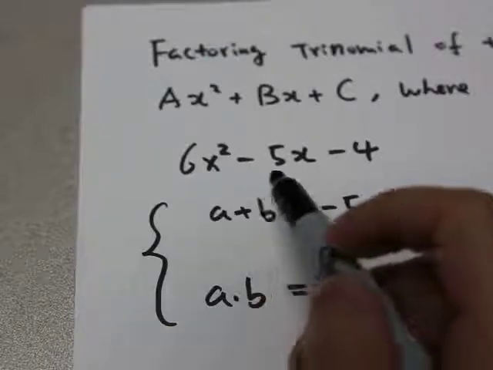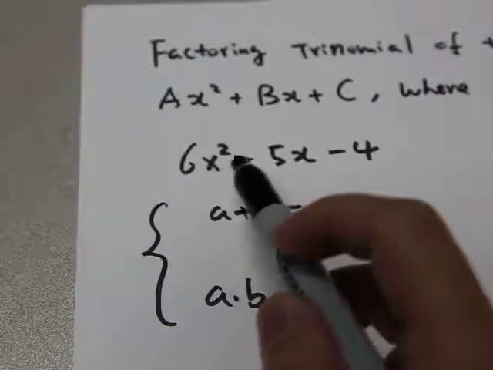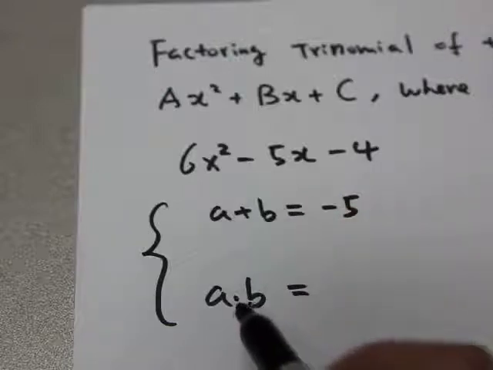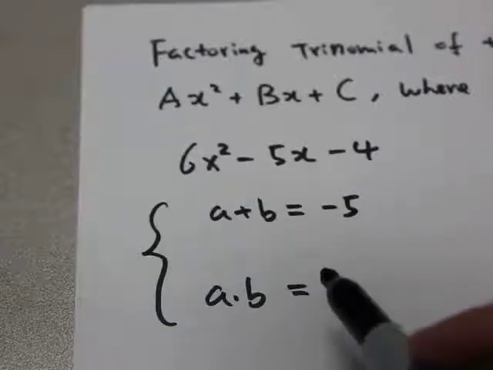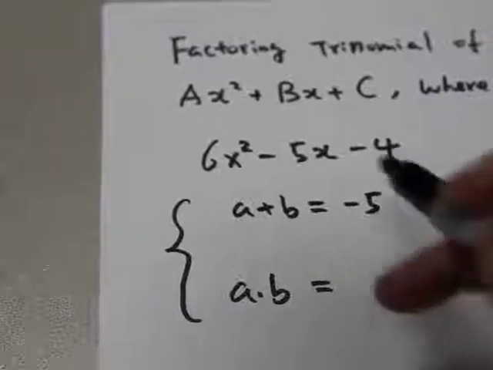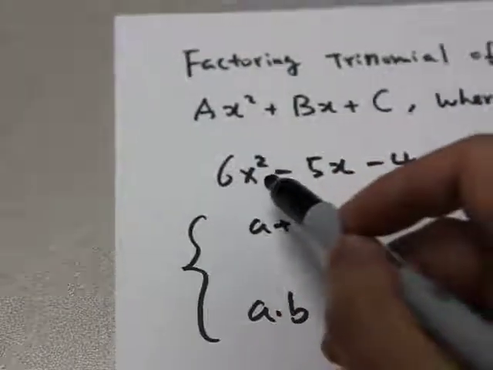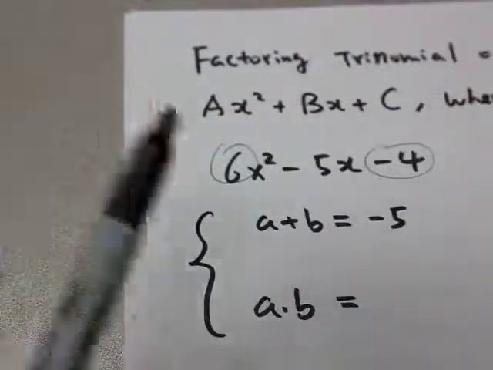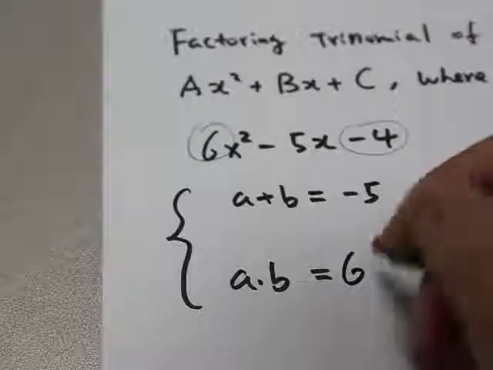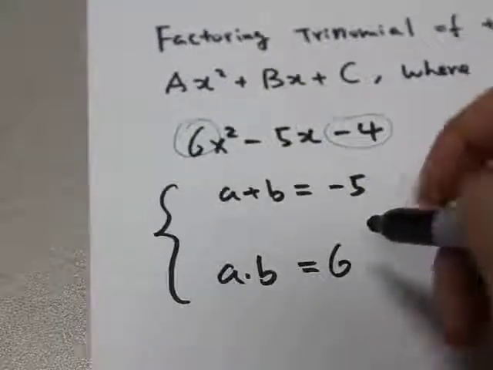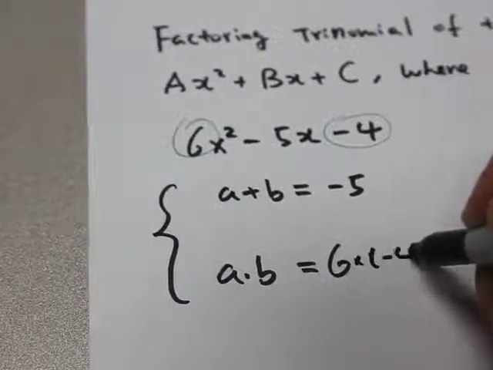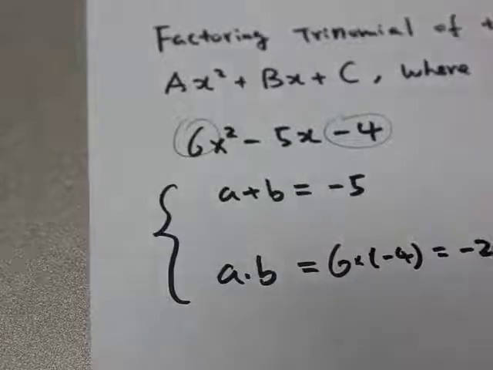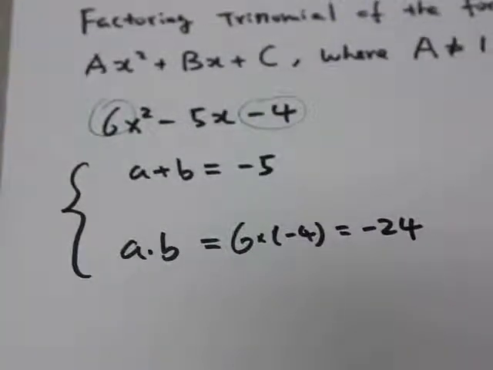But when the coefficient of x squared is not equal to 1, we want the product to be equal to the product of the coefficient of x squared and the constant. So this time the product of A and B is 6 times -4, so it's -24.